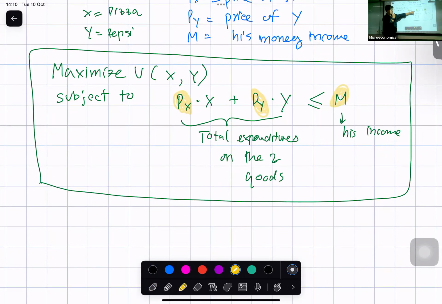The three variables here, price of pizza, price of Pepsi, and his money in his pocket, he has no control. Parents give him only this M baht per day or per month. Price of pizza and Pepsi are determined by the market. These three variables are the environment that he has to deal with. But what he can make a decision on is the number of pizza and Pepsi that he is about to buy.